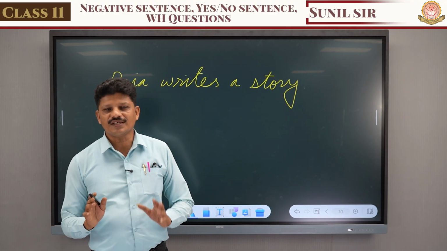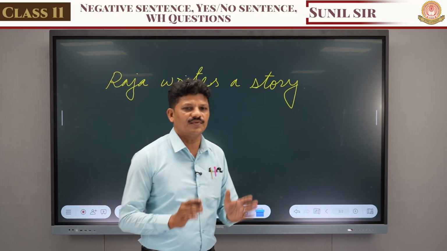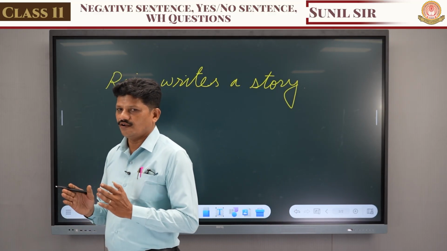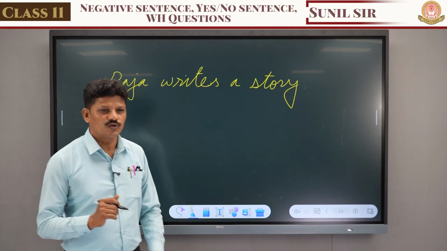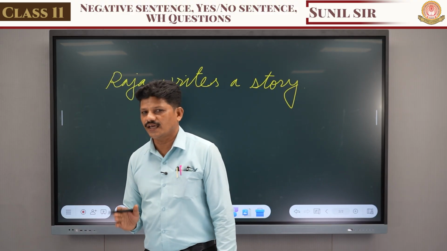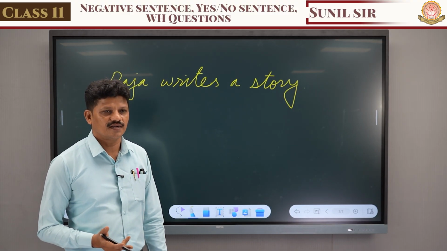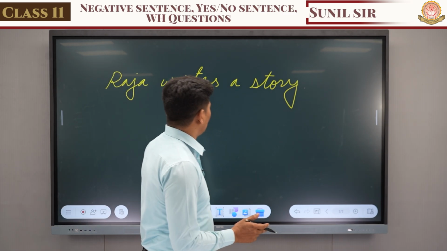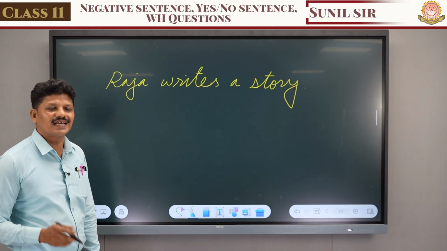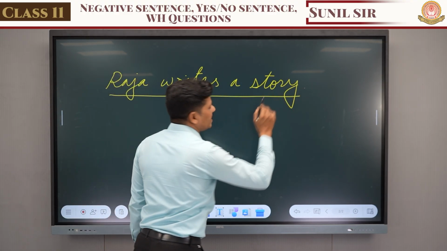So do you know the list of helping verbs? Helping verbs are very easy. Am, is, are, was, were, shall, will, should, would, do, does, did, have, has, had, can, could, may, might, etc. These all are the helping verbs. So let us check in this sentence whether there is a helping verb or not.